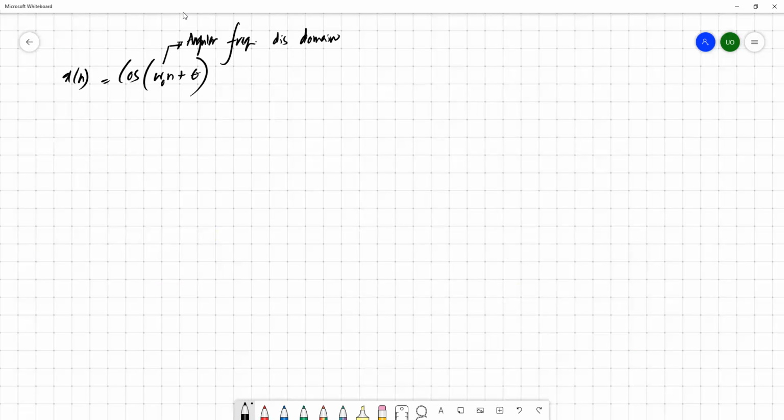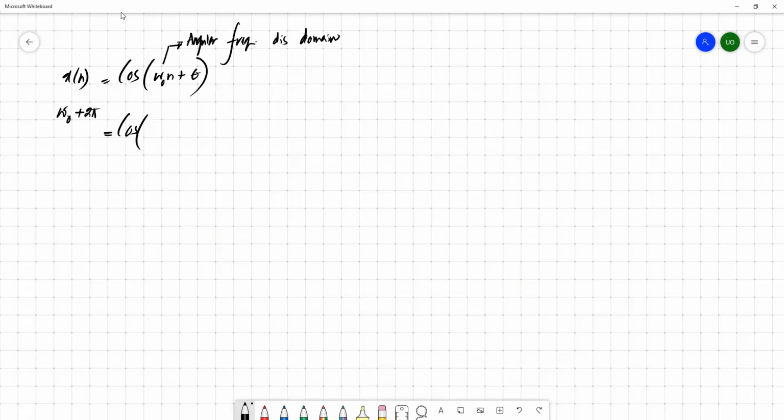Let's see what happens to the signal if we increase the angular frequency by 2π. This original signal has a certain angular frequency represented by omega naught. If we change the angular frequency to omega naught plus 2π, what happens to the signal?